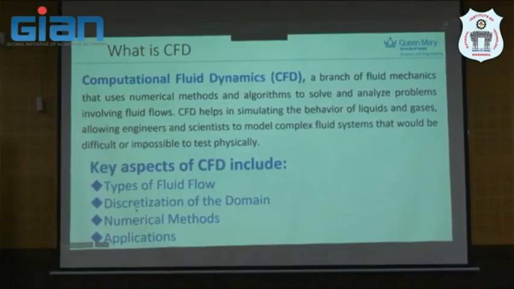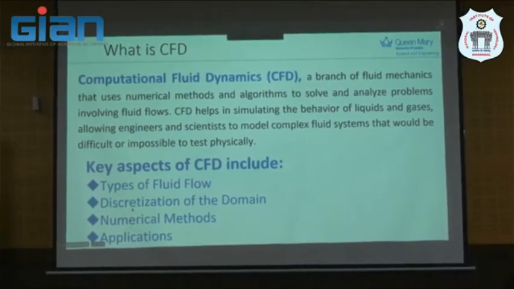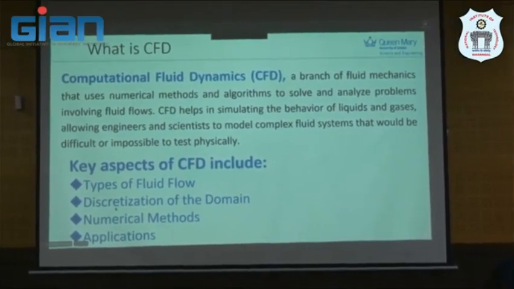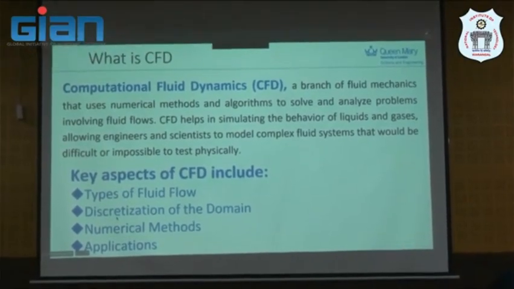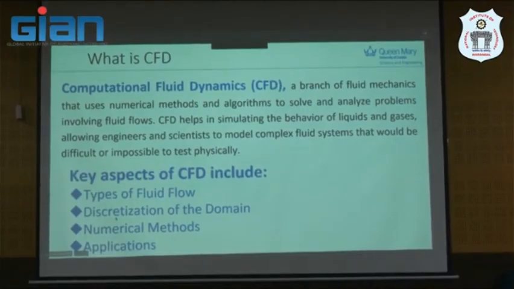For example, if the Reynolds number is less than 2,000, it is maybe laminar flow. And if the Reynolds number is higher than 4,000, it may be turbulent flow. Between 2,000 and 4,000, the flow shows a transition state.